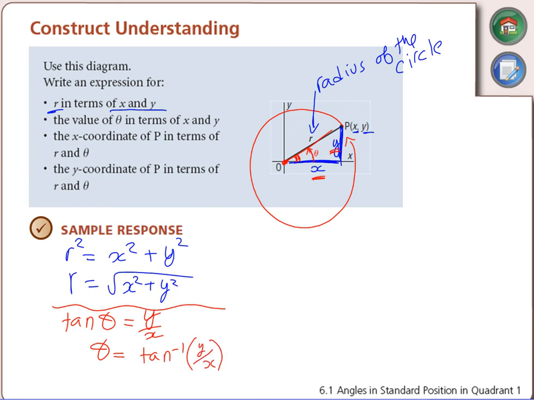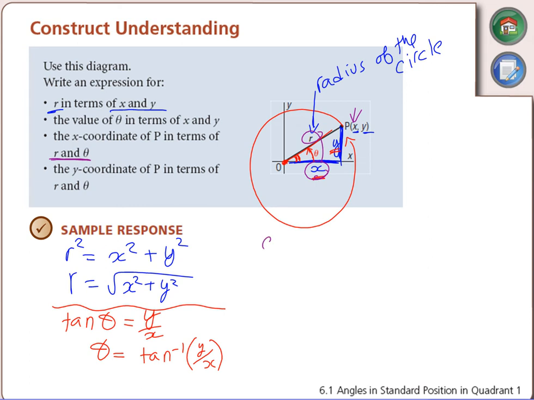Now we get tricky. We're looking for the x value, but the x value we want to talk about with r's and thetas. Okay, well, we've got the x and an r. That's adjacent and a hypotenuse. Ooh, so that's cosine.